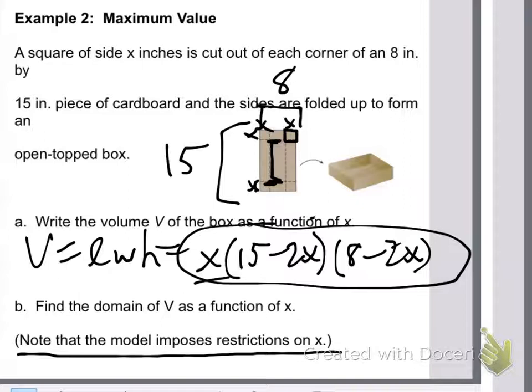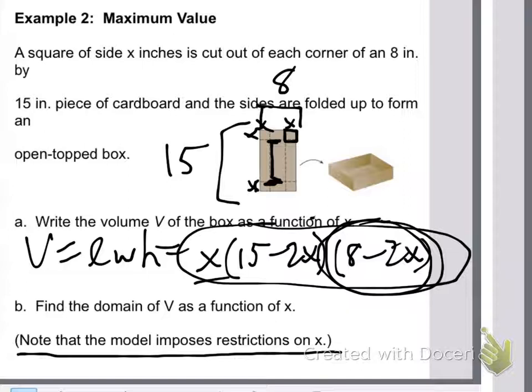Well, what are the other restrictions? Can x be bigger than 4? Think about this factor. If x is bigger than 4, this whole thing becomes negative. That's bad news.